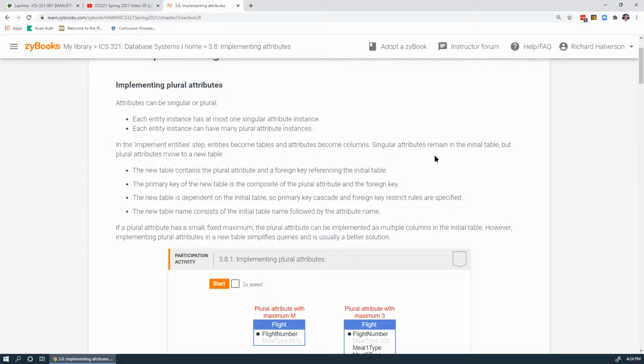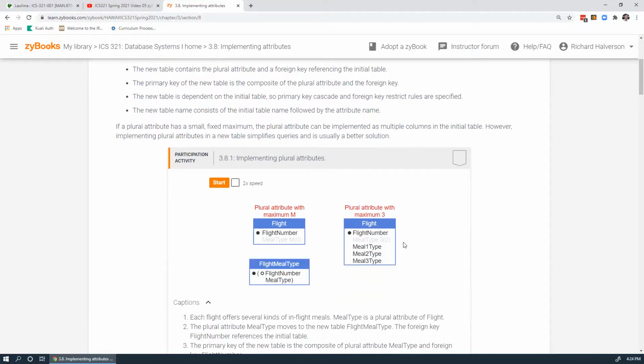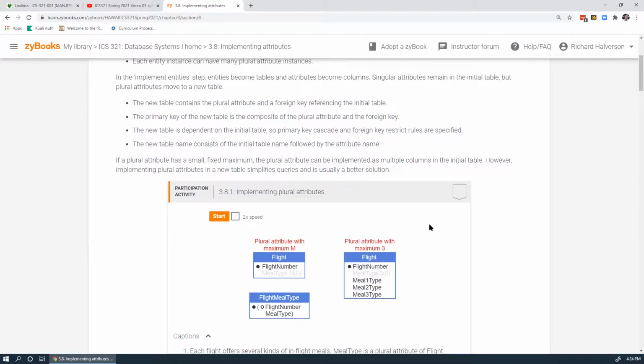So if a flight can have many different meals, you have a separate table that's got the meal types, and in the meal type table, you have the flight number that it refers to.